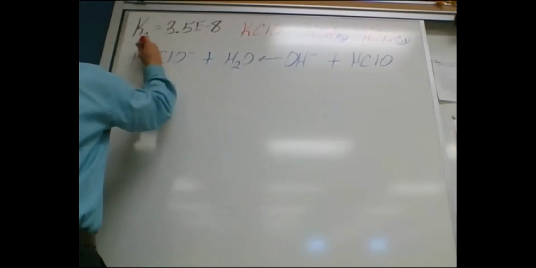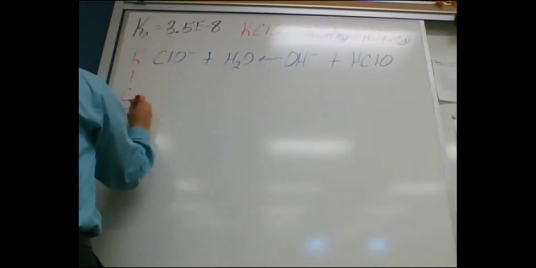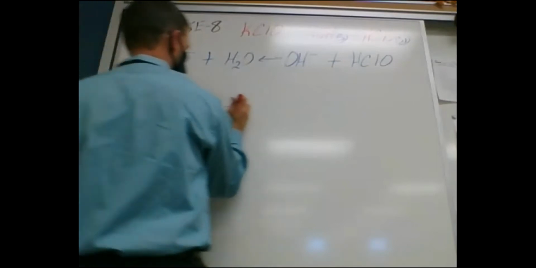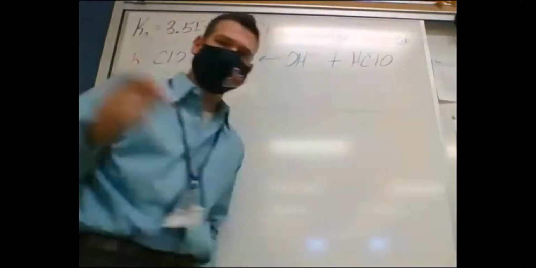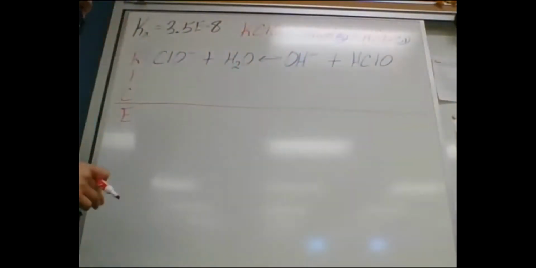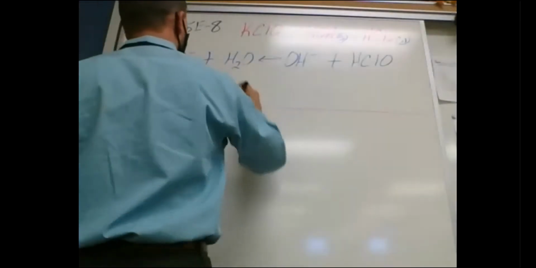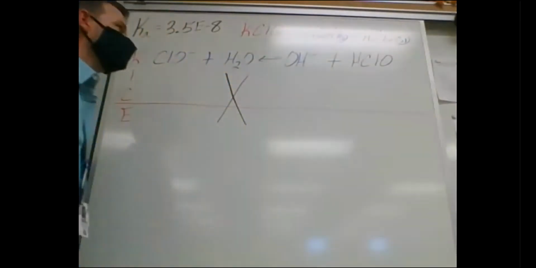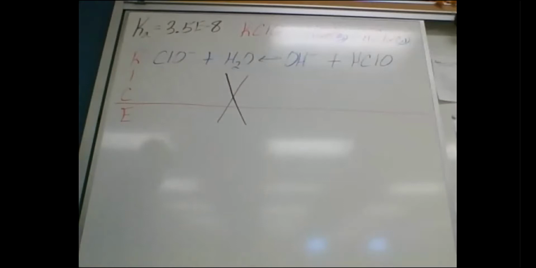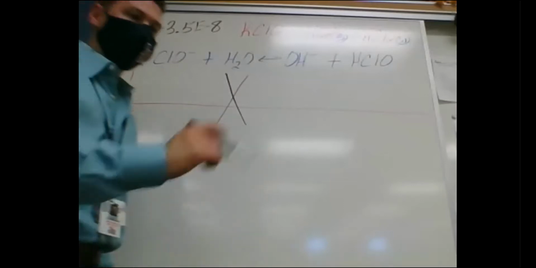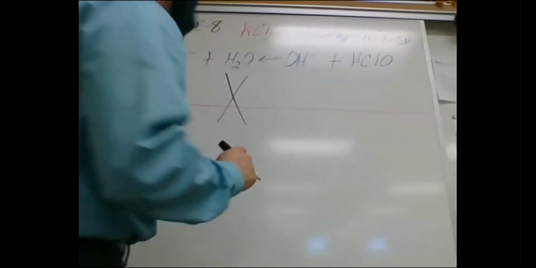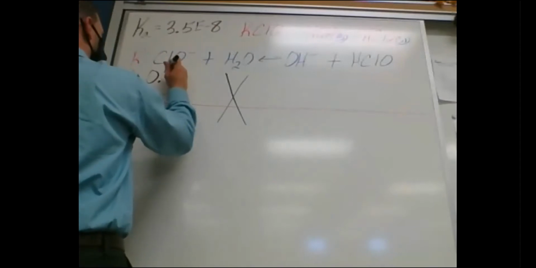The problem wants us to do a further analysis, so I'm going to add that hydrolysis to an ICE table. No liquid water in equilibrium. The problem gives us an initial concentration of 0.355.